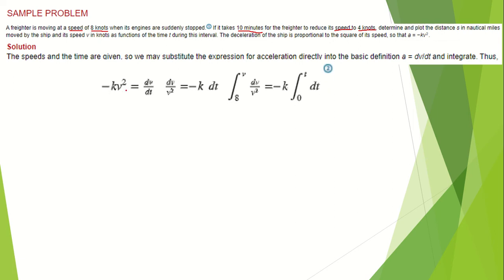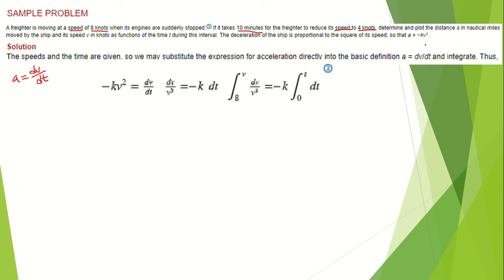Thus we get this one. Similar to what we have discussed in the other video, you start with acceleration equal to the derivative of the velocity with respect to time, dv over dt, and then manipulate it.